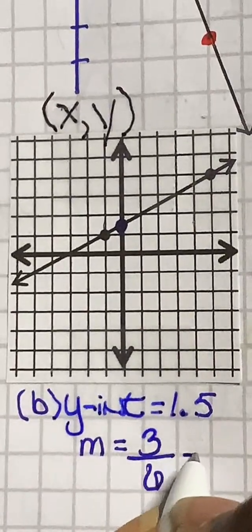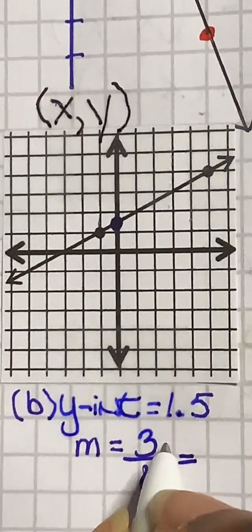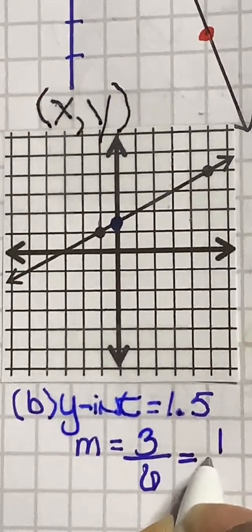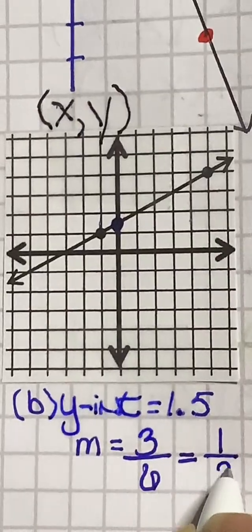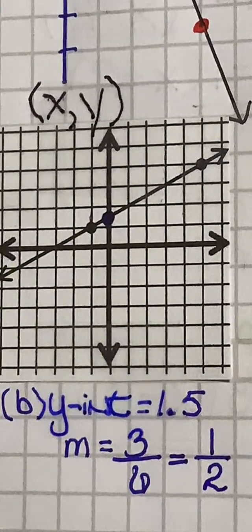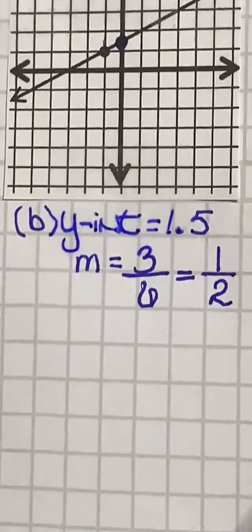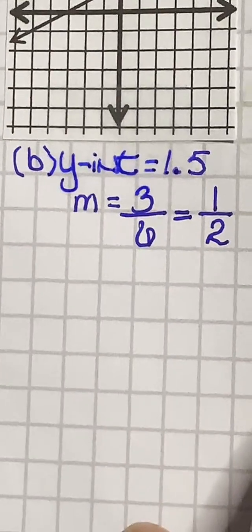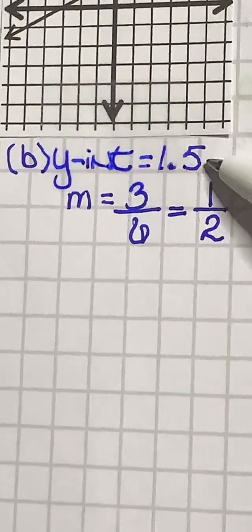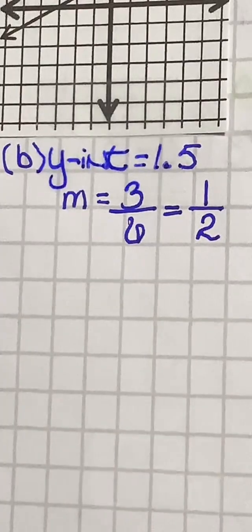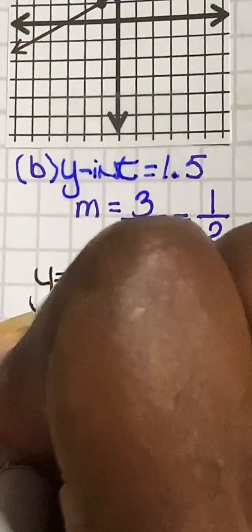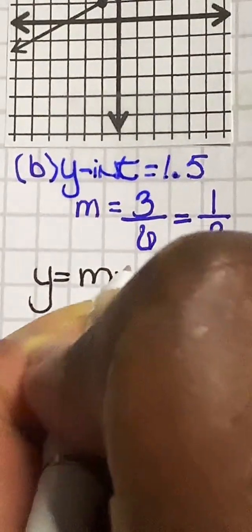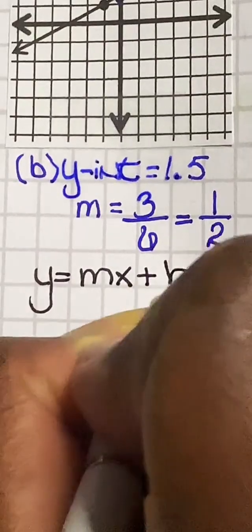Okay? Because they both have a 3 in common. So 3 divided by 3 gives me 1, and 6 divided by 3 gives me 2. So now we have the information that we need. We have our y-intercept. We have our slope. So we are going to have our y equals mx plus b.